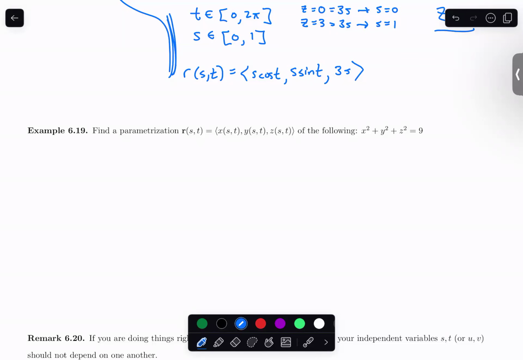What coordinate system do you think you're going to use to help inspire your parameterization for this one? Spherical. After all, x squared plus y squared plus z squared normally equals rho squared. This would look very nice in spherical.